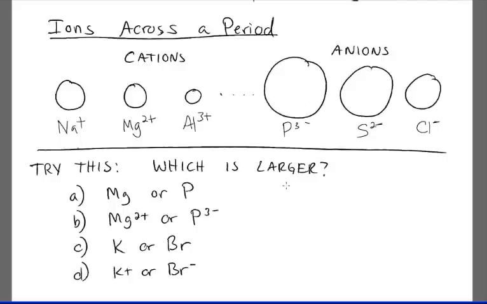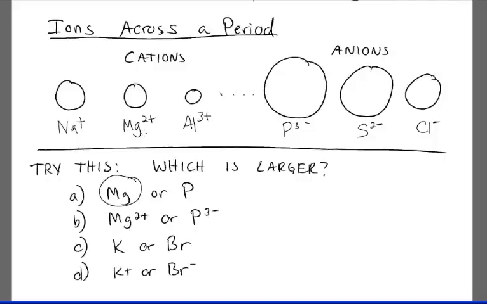Using this information, we can look at these problems and decide which is larger, magnesium or phosphorus. As neutral atoms, magnesium and phosphorus are in the same period, so going across they get smaller, and magnesium is larger.